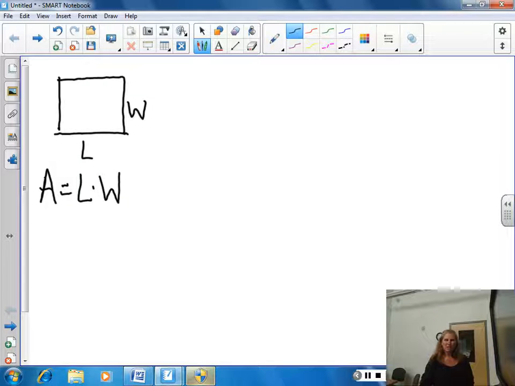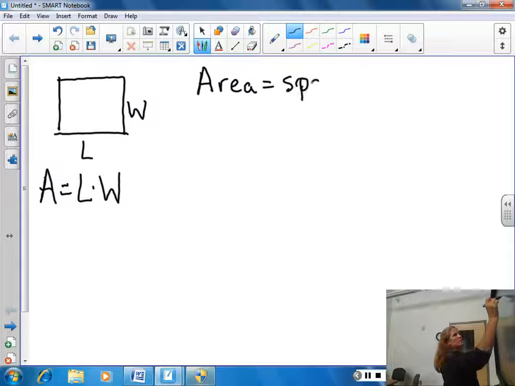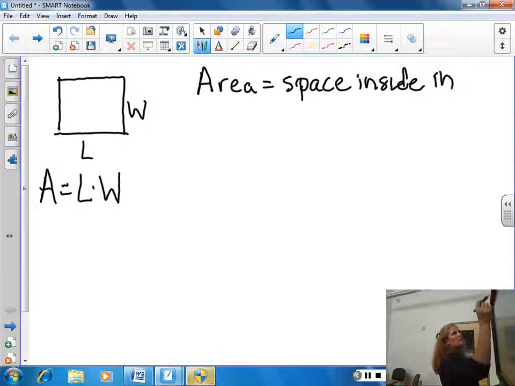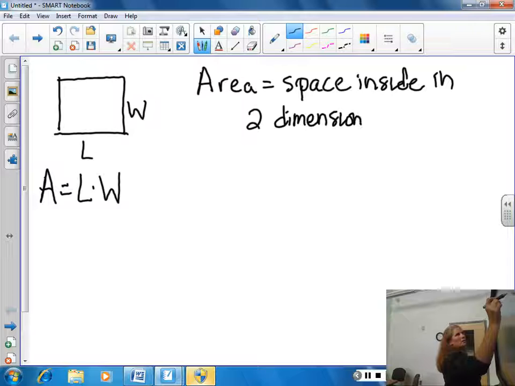But what is area? Because perimeter was the distance around, area is the space inside in 2 dimensions. So if I'm talking about the space inside this whole room, it's got length, it's got width, it's got height, that's not area.